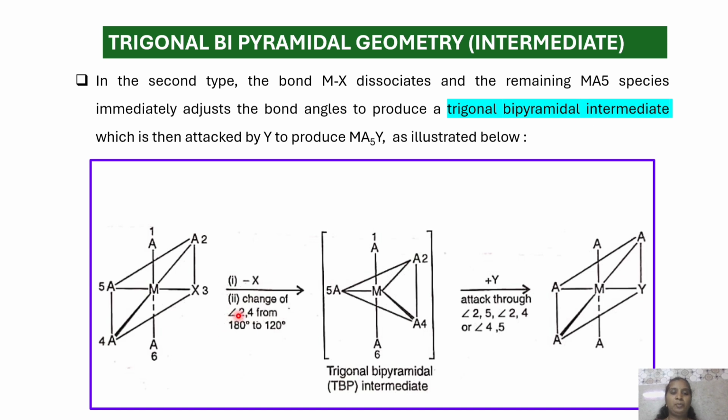The change in the bond angles is that the second and fourth ligands are changed such that their bond angle goes from 180 to 200 degrees. This results in the formation of the trigonal bipyramidal intermediate, which is then attacked by the nucleophile Y, resulting in the formation of the product MA5Y.